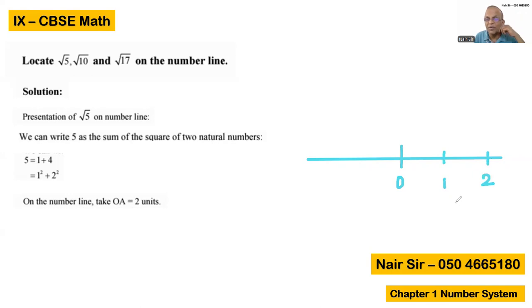Whenever I have something, I need to give an alphabet to it, so I'm saying O. Don't get confused with the 0 and the O. And this point I'm taking as A. After that, I draw a perpendicular from here to here, and this particular length is nothing else but 1 unit.